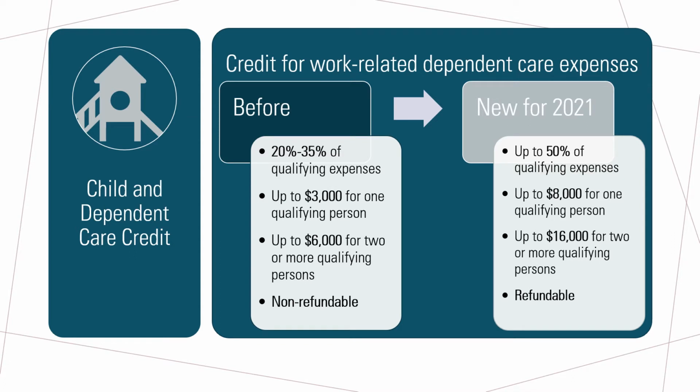Let's begin with the child and dependent care credit. And this is one of those credits that had a lot of changes, a lot of temporary provisions for 2021. So the credit used to have some different rules, and for 2021 those rules were expanded and made a little more generous and friendly.